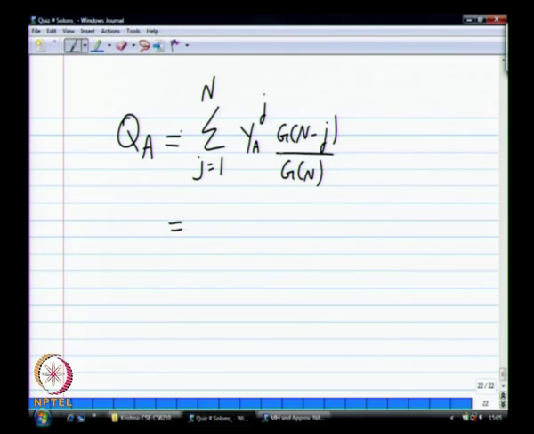This we already computed by the way, you can also do it this way, you can compute QB also the same way, and that turns out to be 0.911. So we computed Q of A or basically E of Na previously with Na equals 0, 1, 2, 3 and so on, but I can also get the same thing in a different way.